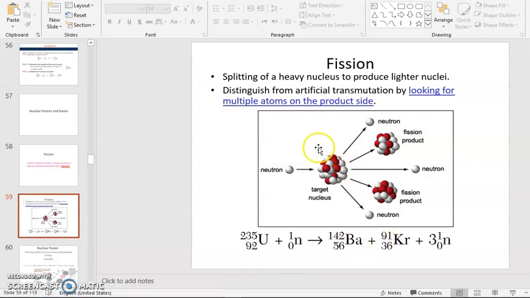So a big nucleus, we hit it with neutron, and it will produce lighter elements and more energy particles. So uranium-235, when you hit it with a neutron, it gives you two new elements, and three particles, three energy particles.